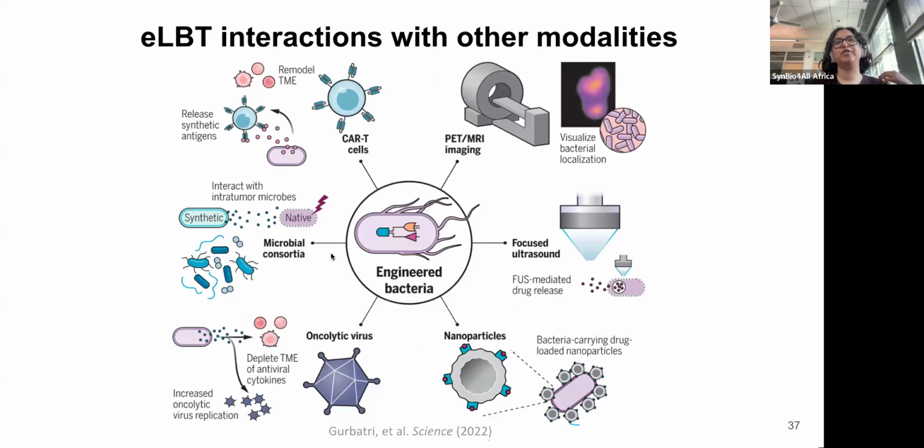You can use both living things like microbial consortia, where you can have interactions between multiple microbes producing the thing that you want, and also things like the nanotechnology side to further improve diagnostics and therapeutic outcomes.